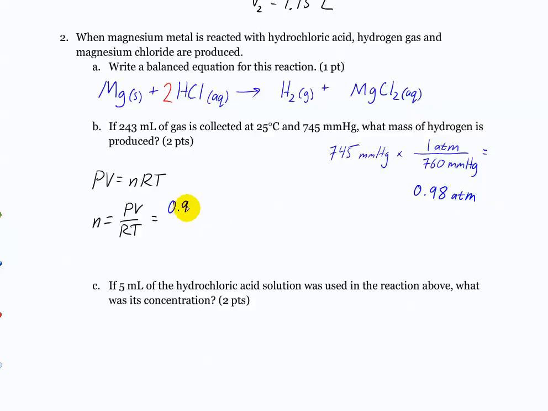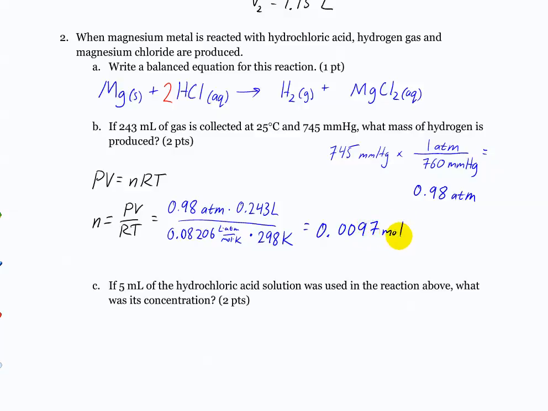So that's going to be 0.98 atmospheres times 0.243 liters divided by 0.08, what did I say it was? 206 liter atmosphere per mole Kelvin times the temperature. 25 C is 298 K. All right, so we do that calculation. 0.98 times 0.243 divided by 0.08206 times 298. And I get 0.00967 moles.